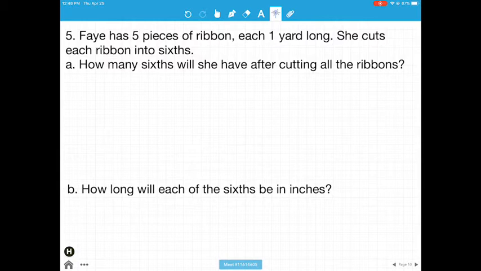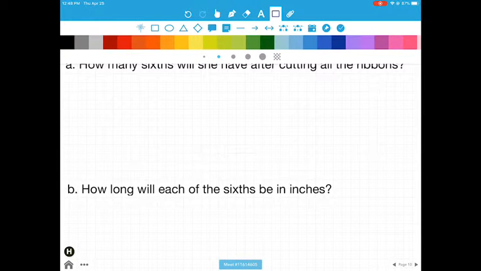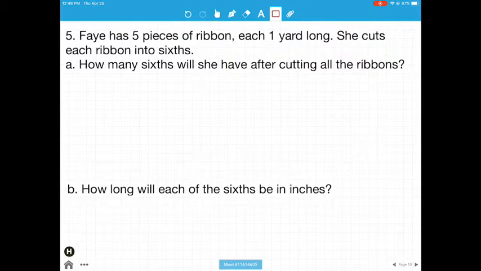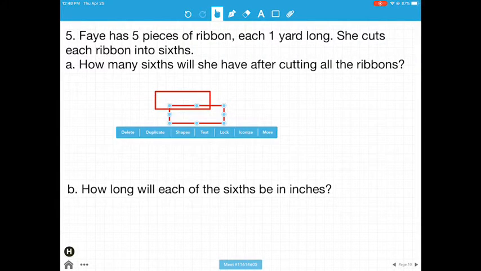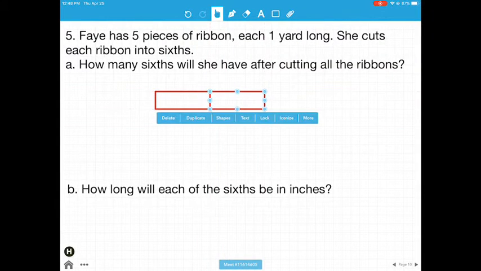Well, hopefully you see or understand that she's starting off with 5 pieces of ribbon. Okay, so there's 1 piece of ribbon. There's another piece of ribbon.